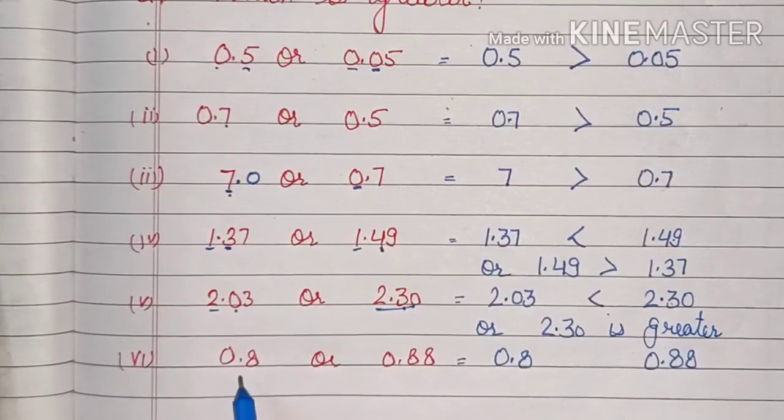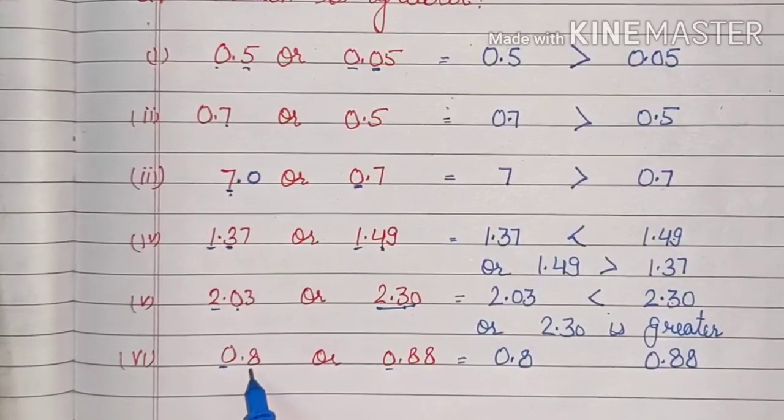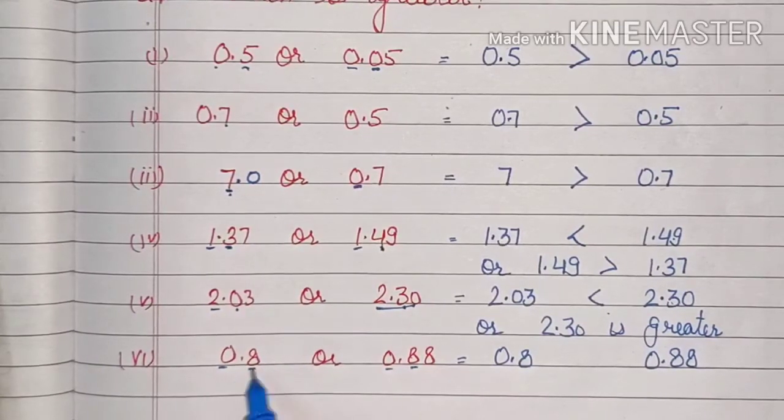Now the last part, 0.8 or 0.88. So 0 is same before the decimal. Then we will check after the decimal at the tenth place. Here we have 8 and here also we have 8. So we will check the next digit. Here the next digit at the hundredth place is not given.